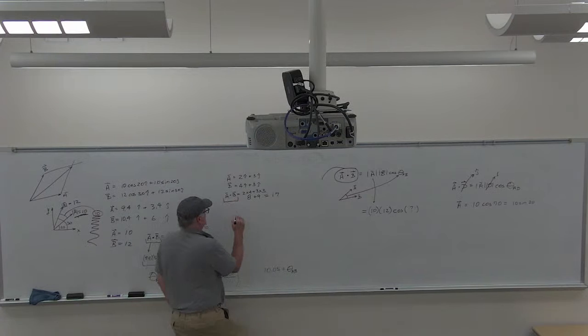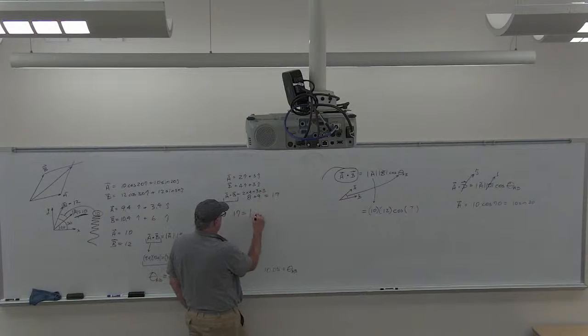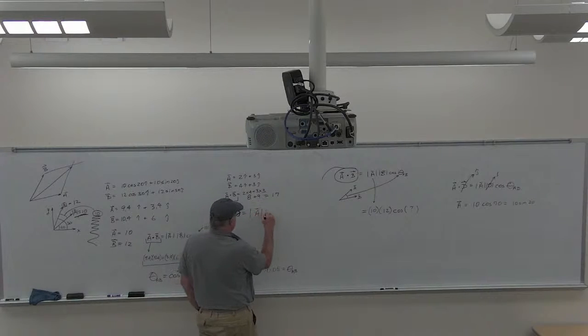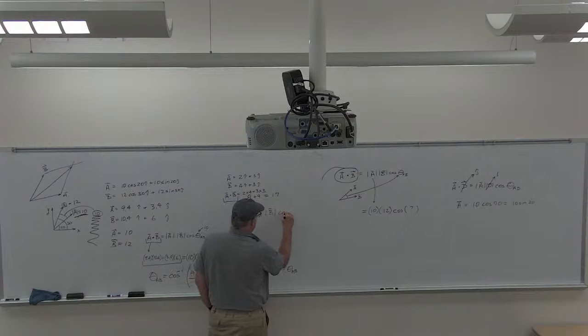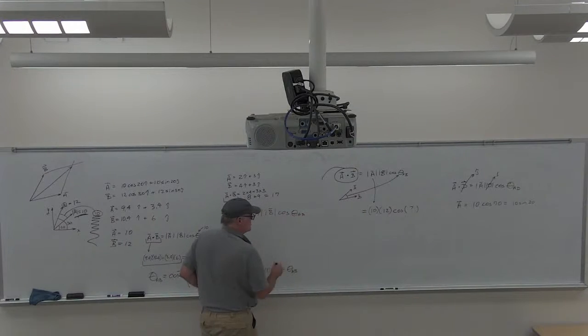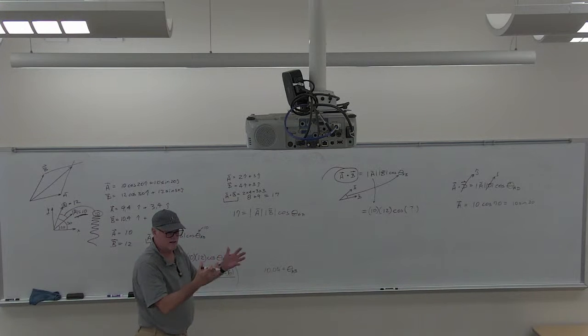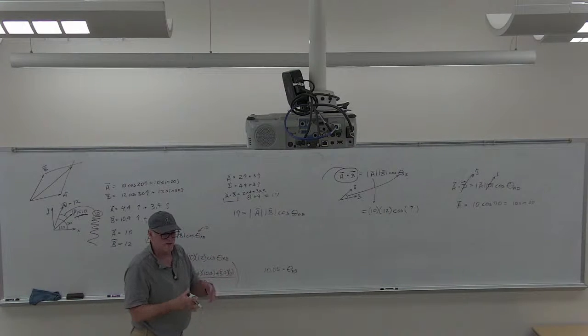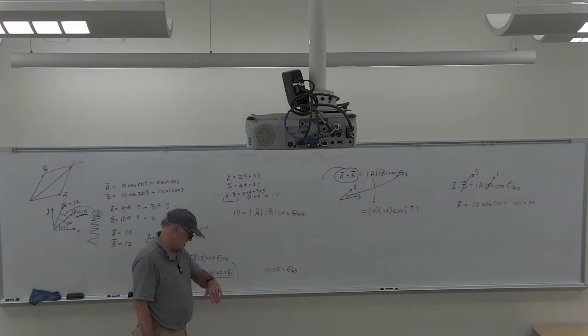Here, I did the a dot b, and I got 17, which is equal to the magnitude of a, magnitude of b, cosine of the angle between a and b. And we'll see this materialize into a structure that is very beneficial to us. It probably won't be at the end of this class, but maybe by Friday it'll materialize.